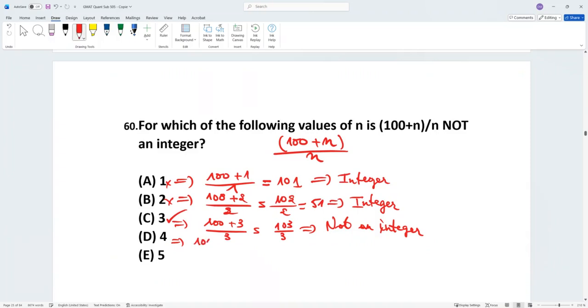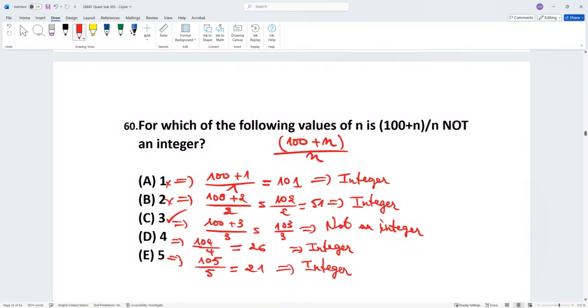We can see that if we continue, we get 104 divided by 4, which is 26. This is an integer. And this is 105 divided by 5, which is 21, which is also an integer.